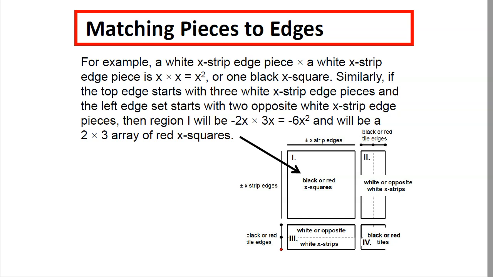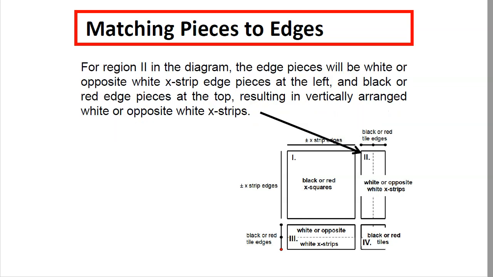Similarly, if the top edge starts with 3 white x strip edge pieces and the left edge set starts with 2 opposite white x strip edge pieces, then region 1 would be negative 2x times 3x, negative 6x squared, and would be a 2 by 3 array of red x squares.